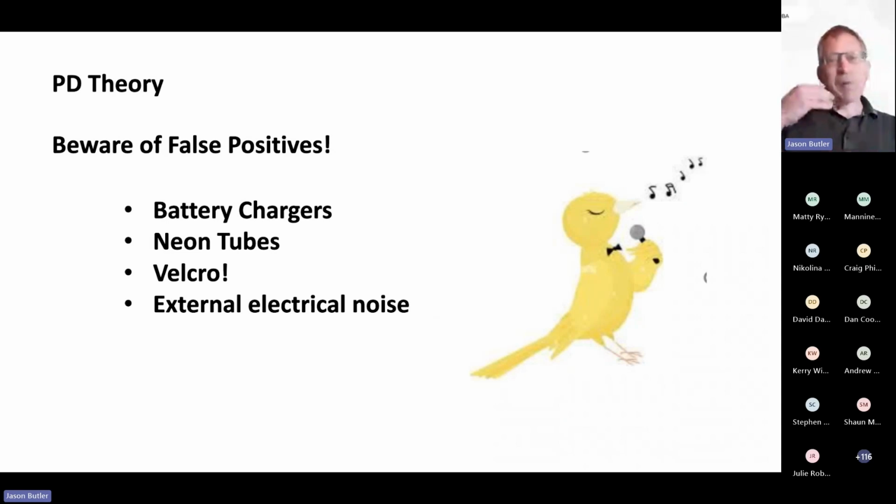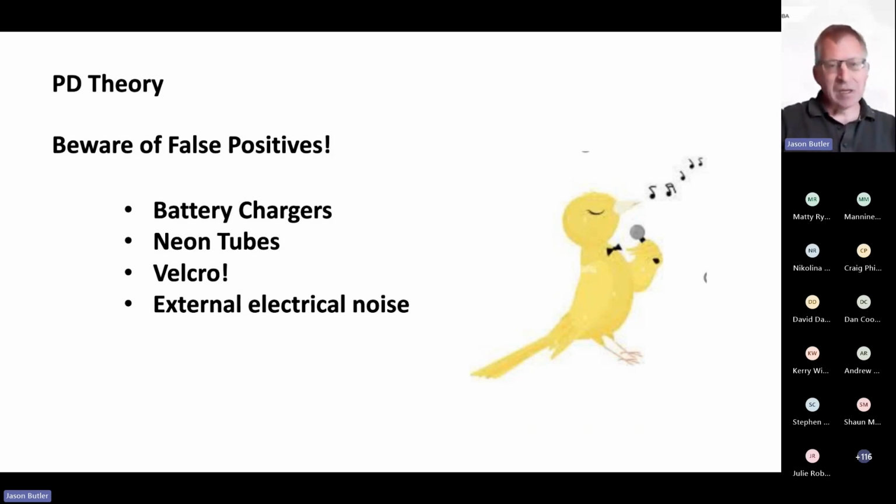But with all this, you've got to make sure that you're aware of what can cause false positives. Battery chargers have been a bane, where they can produce an ultrasonic signal that really does emulate PD, but it is across the whole of the phase plot, so you can detect it as noise.